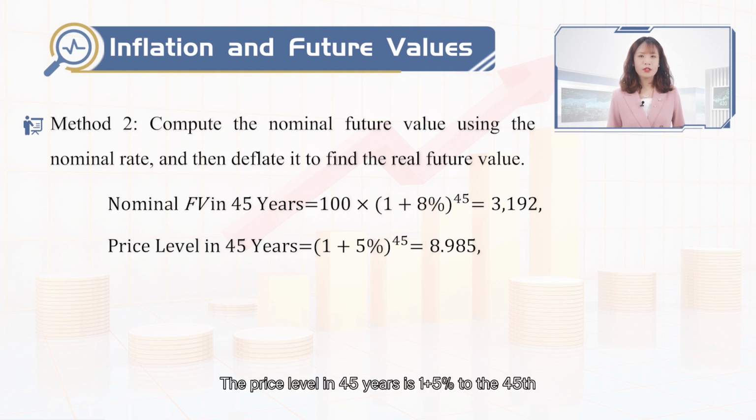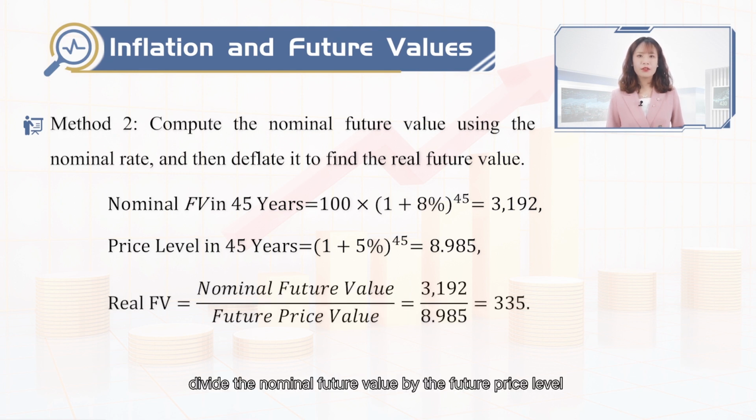The price level in 45 years is 1 plus 5% to the 45th, and is 8.985. Finally, divide the nominal future value by the future price level to find the real future value. So the real FV is equal to the nominal FV in 45 years, $3,192, over the price level in 45 years, 8.985. The end result is the same as the one in the formal method.